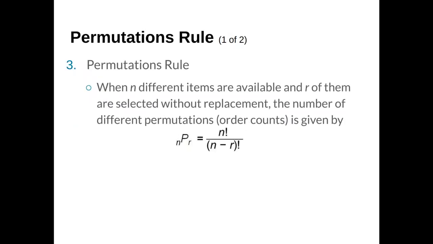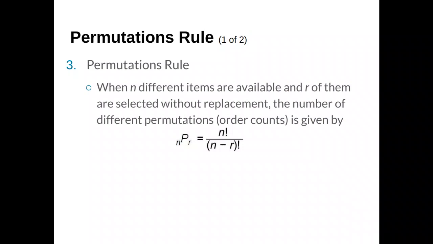Now, let's talk about the permutation rule. There's a couple things to talk about here, and there's some symbology. If we have n different items, and they're all different, and we want to choose r of them without replacement, so we aren't picking one and putting it back, then the number of permutations is given by this formula.